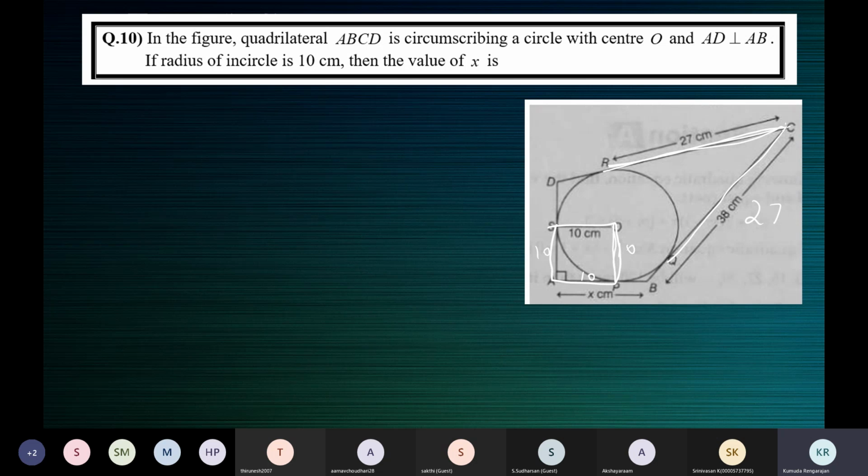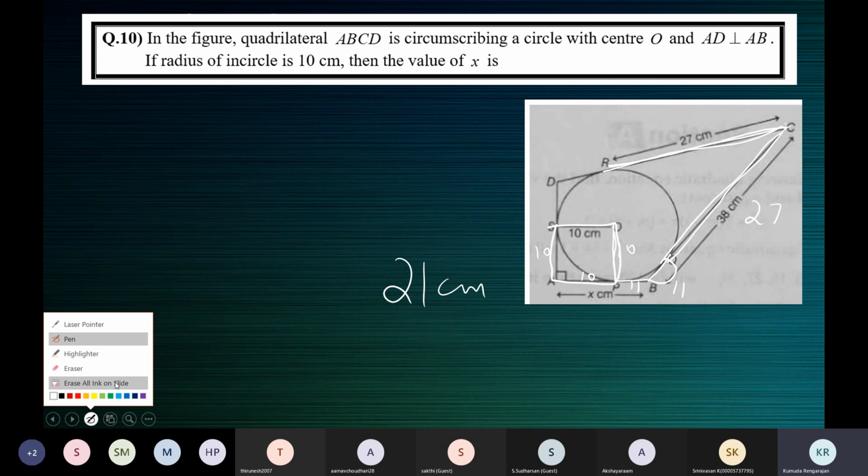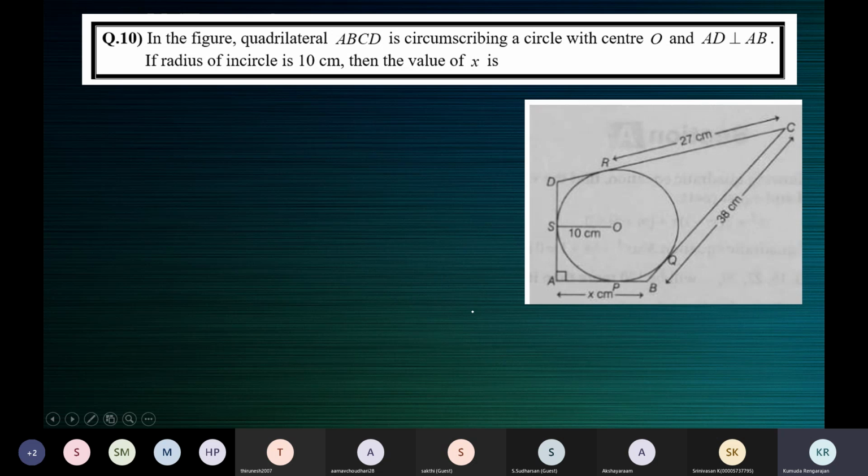CR is equal to CQ, 27. But the whole thing is 38. So BQ is 11, 38 minus 27. If BQ is 11, BP is 11. Tangents from the same external point B to the circle are equal. So BP is 11. Now we need to find X, which is 11 plus 10, 21 centimeters. Good, Tirunesh. I heard Arnav's voice also, and Shakti. Good.